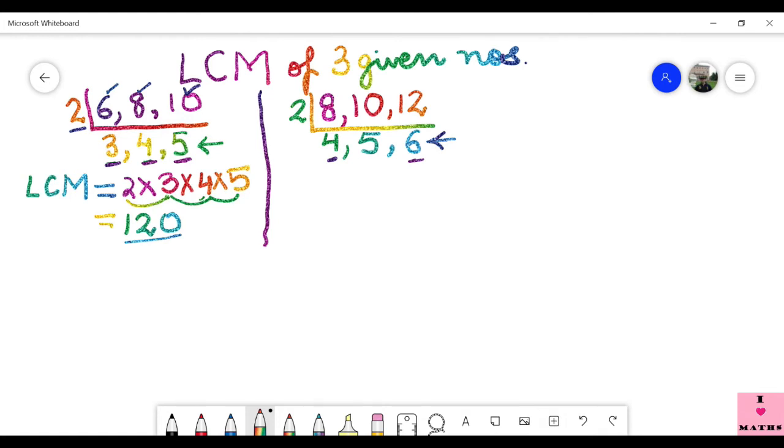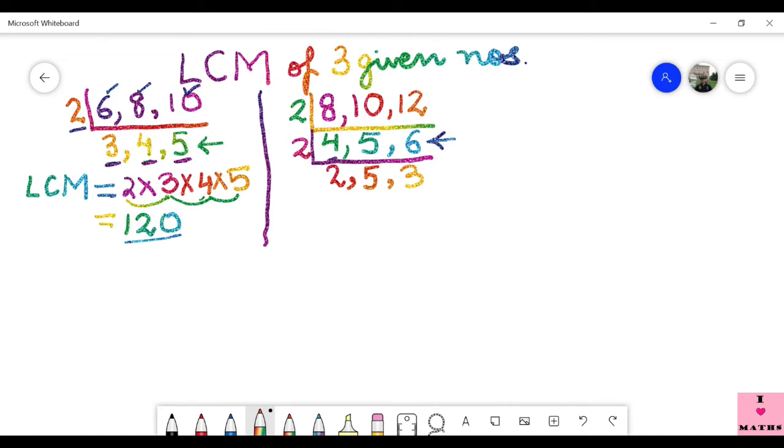So children, in the second step, we will again divide the numbers by 2, but slightly differently. Please see, 2 2s are 4. 5 is an odd number, so it does not come in the table of 2. So beta, we are going to copy 5 as it is.